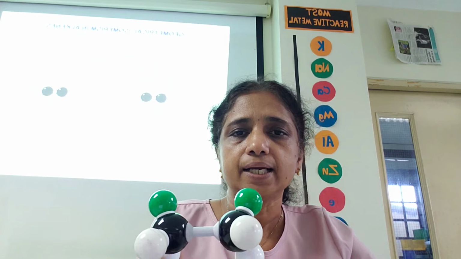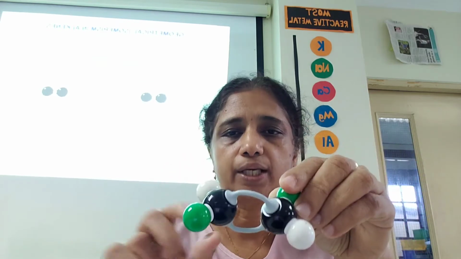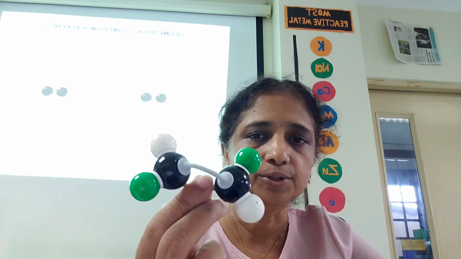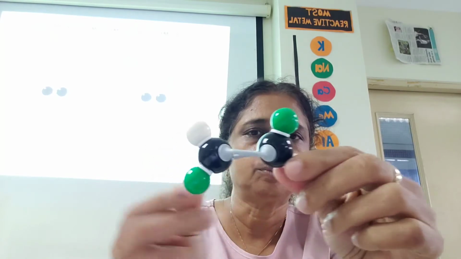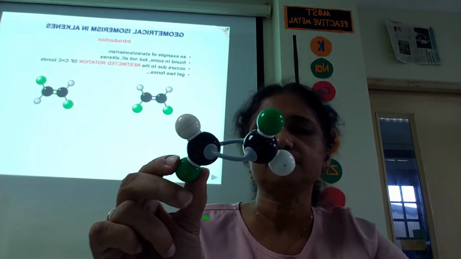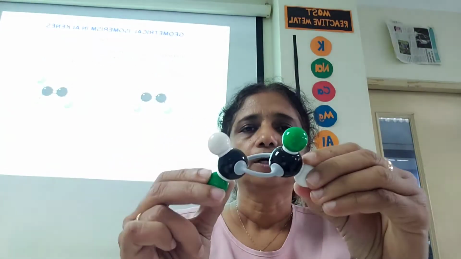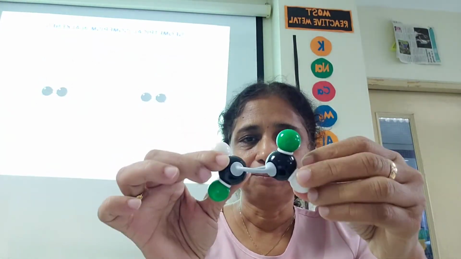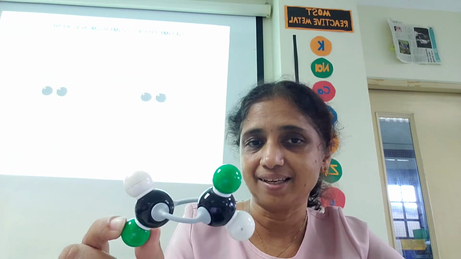Now let's take another example where we have 1,2-dichloroethene. Now here you see between the two carbon atoms I have a double bond. Okay, so this is a carbon-carbon double bond and it is 1,2-dichloroethene.